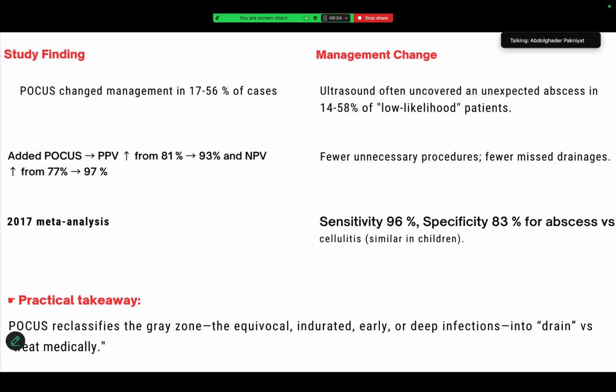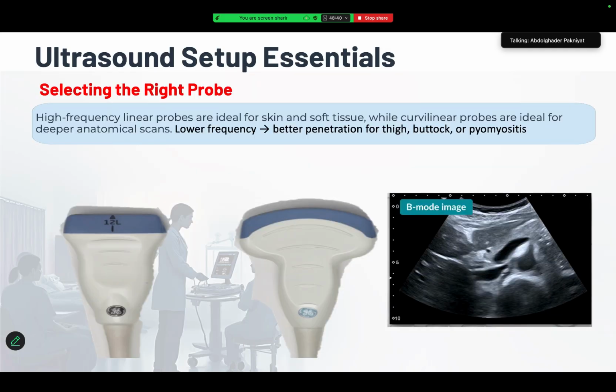Per a meta-analysis done in 2017, the sensitivity of point of care ultrasound is reported at 96% and specificity 83% for abscess. So point of care ultrasound is really game changing for detecting early infection, deep infection, and some atypical cases.